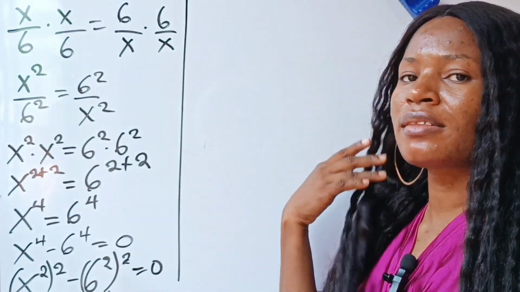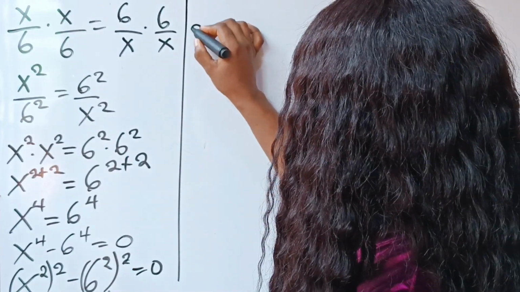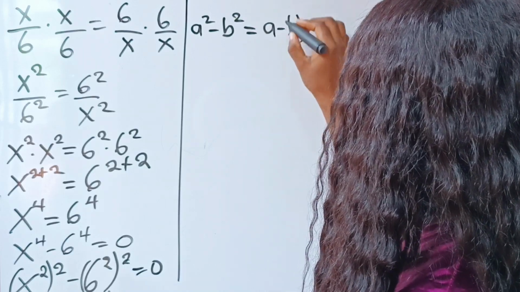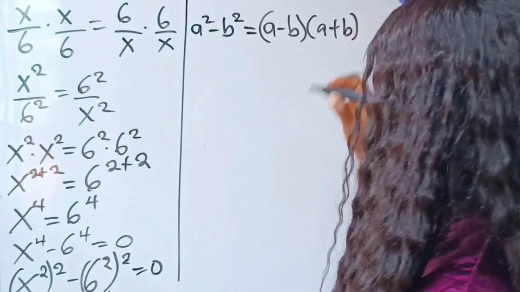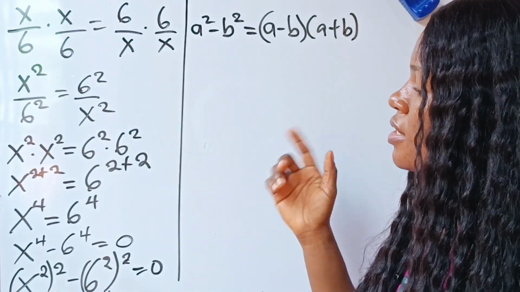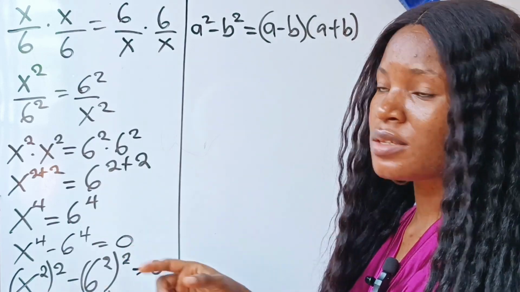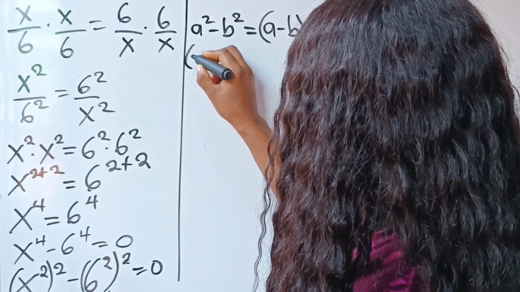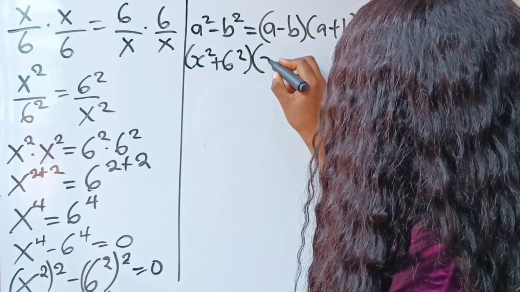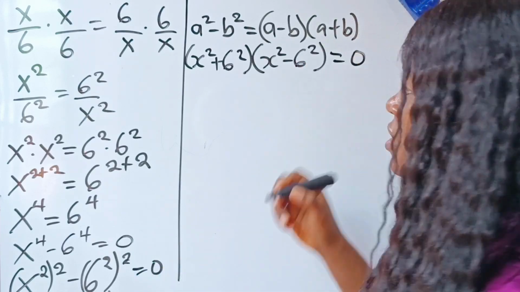All right, now at this point we can see difference of two squares here, right? Yes, the one that says that a squared minus b squared is equal to a minus b multiplied by a plus b. So we are going to express this in this form, and in this case our a is x squared while our b is 6 squared. So it's going to be x squared plus 6 squared multiplied by x squared minus 6 squared is equal to 0.